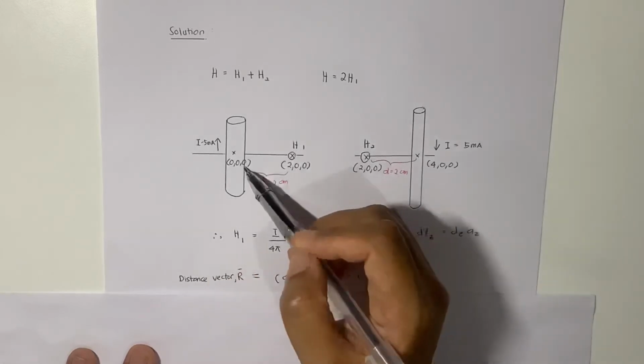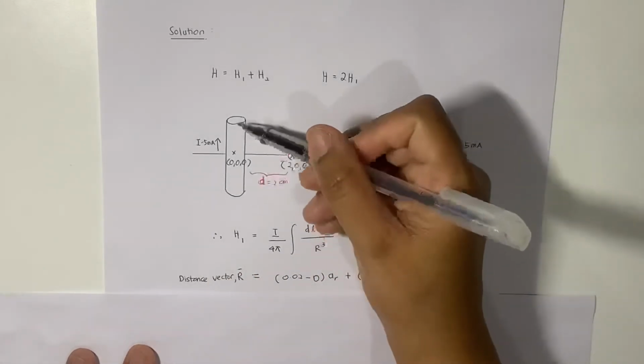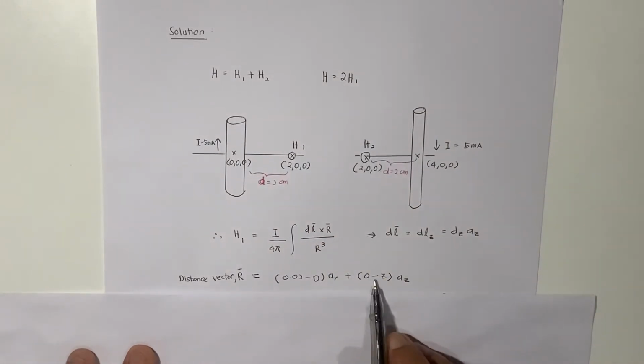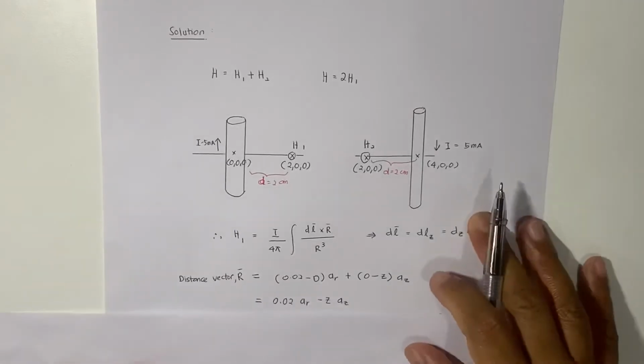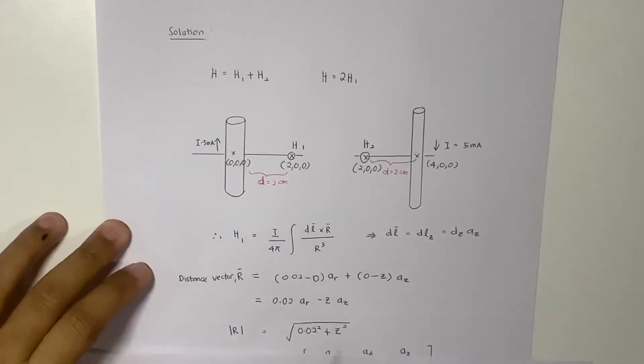We cannot put 0; we need to put z because the wire is along the z axis. So 0 minus z, a_z. So we got 0.02 a_r minus z a_z.